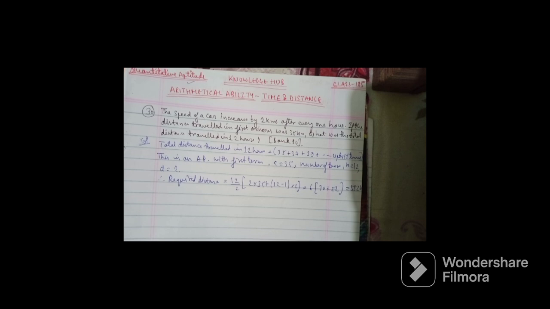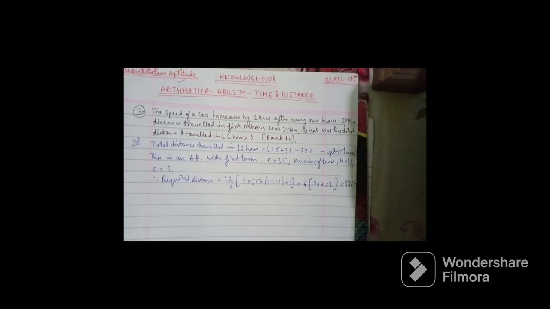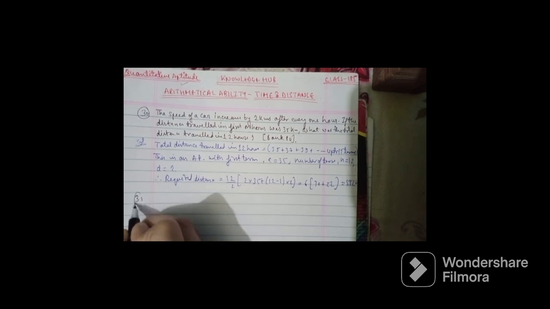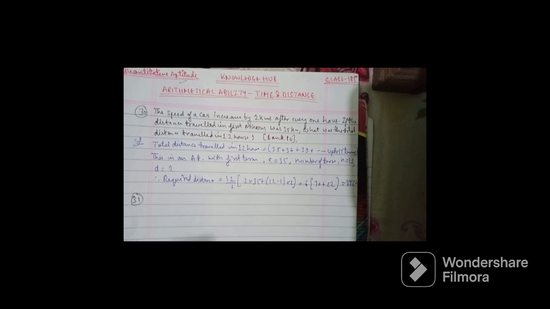Now we go for another important question, the 31st question of the session. The question is: a train covers a distance of 10 km in 12 minutes.